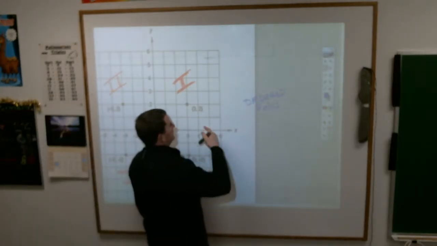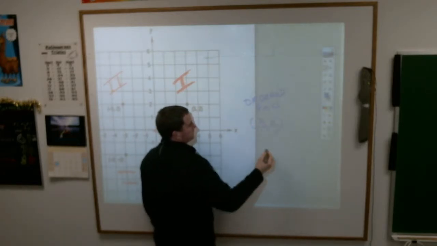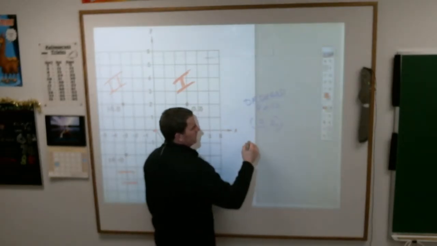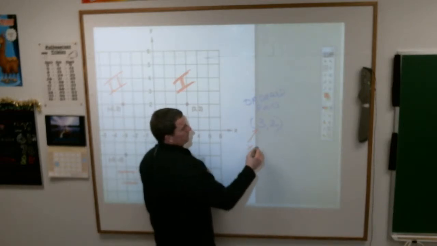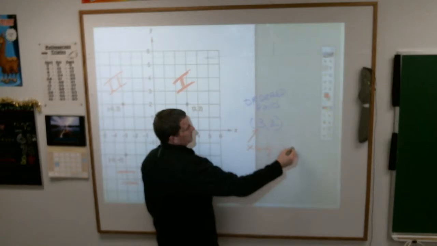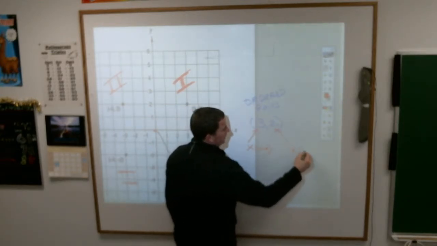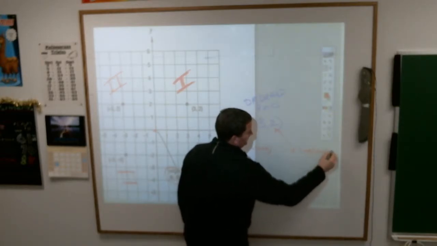They look like this, for example, this one, 3, 2. The first number is the x number, which is the over number. It tells you how far over you're going. The second number is the y number, and it tells you how far up or down you're going.